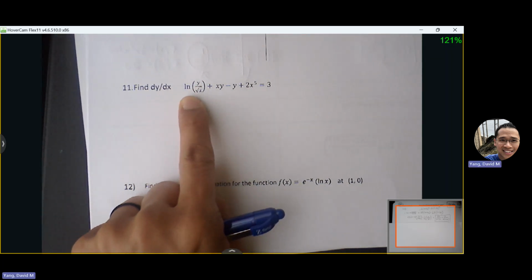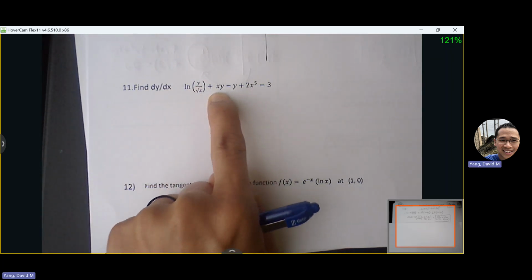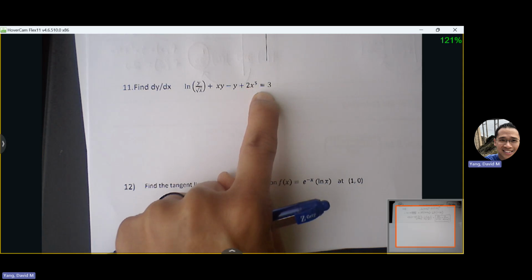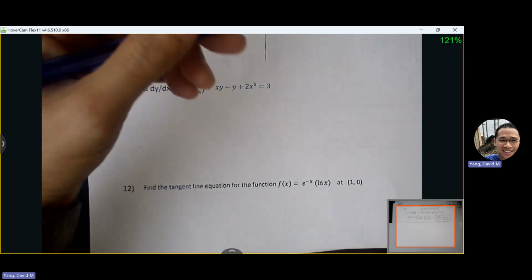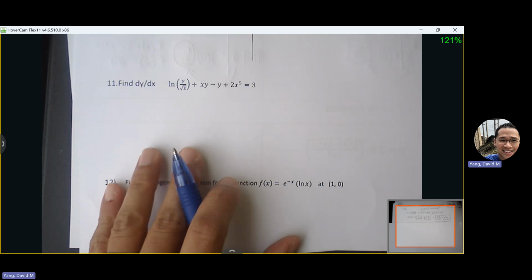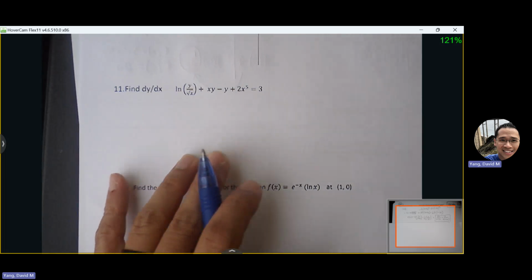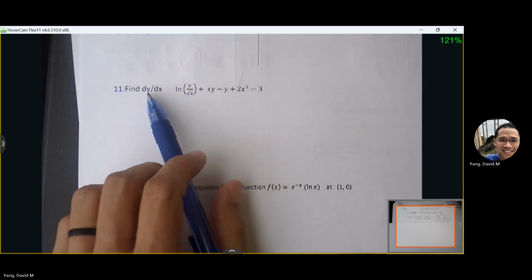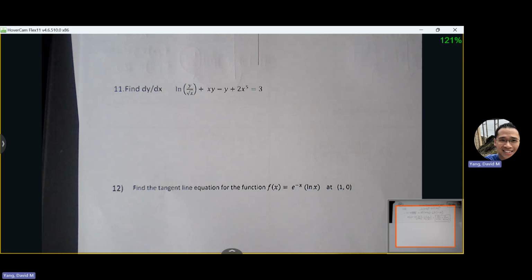So find dy dx. Natural log of y over root x, plus xy, minus y, plus 2x to the fifth, equals 3. What's involved here if we want to find the derivative? What are a couple of things that you notice?